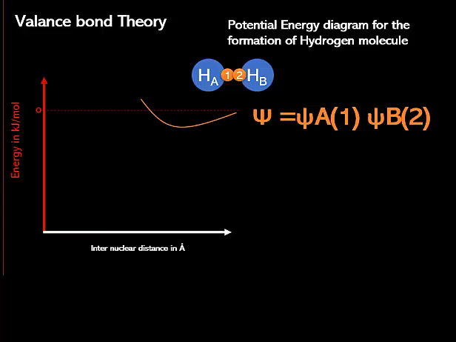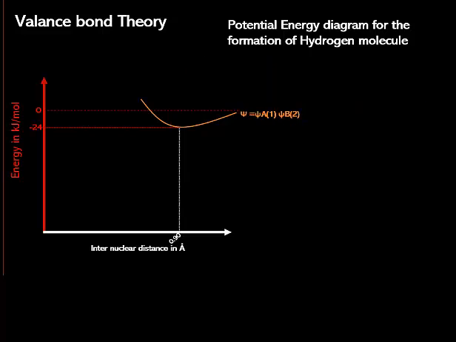This curve shows that this minimum value is obtained at 24 kJ per mole, at an internuclear distance equal to 0.90 Angstrom. But when experiments were performed, this value of energy, 24 kJ per mole, is very low compared with the experimental value, which is equal to 458 kJ per mole at an internuclear distance equal to 0.74 Angstrom.